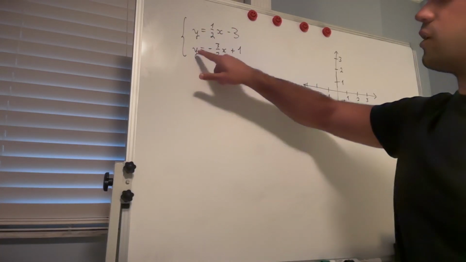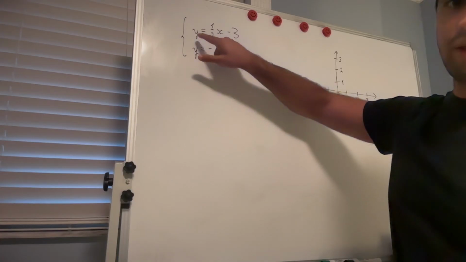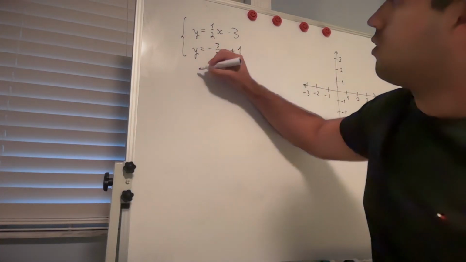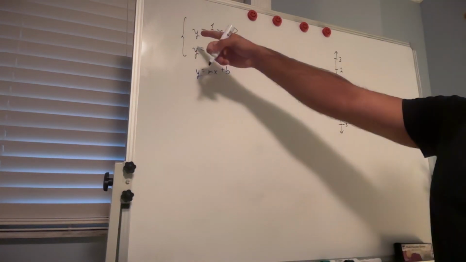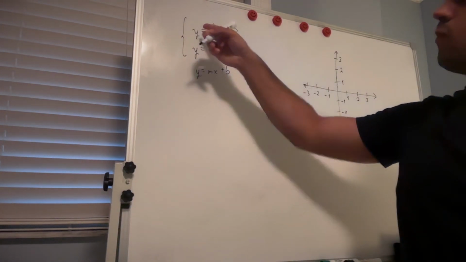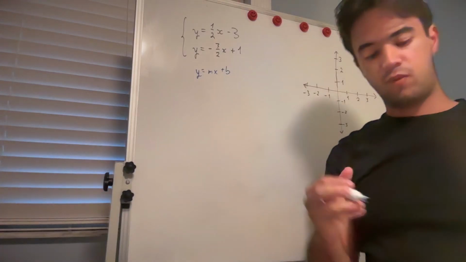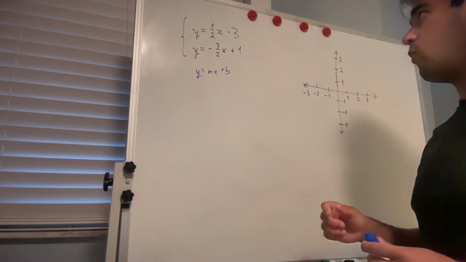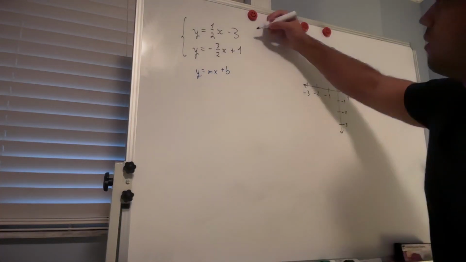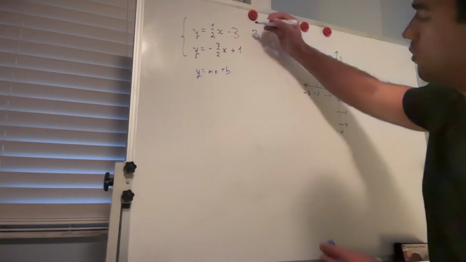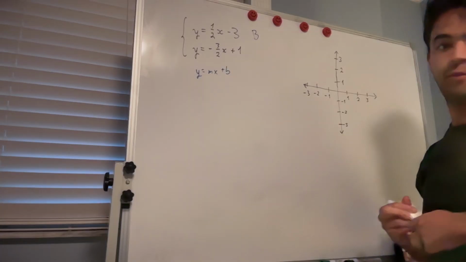We have both of these equations in slope-intercept form, which is y equals mx plus b. So let's start with our first equation, y equals 1/2 x minus 3. I'll mark this function in blue, and the other one I'll do in red.